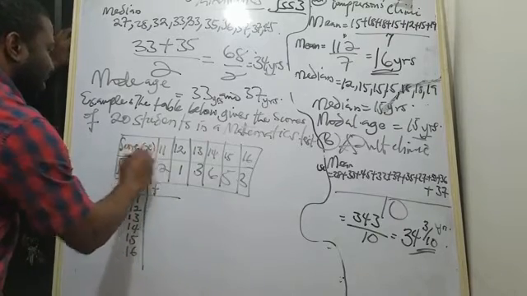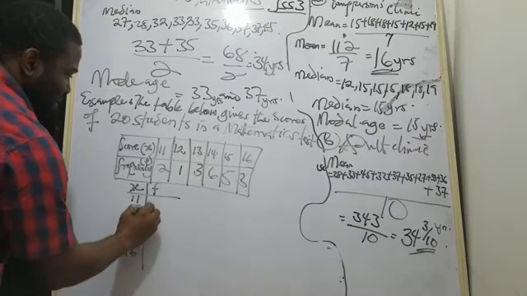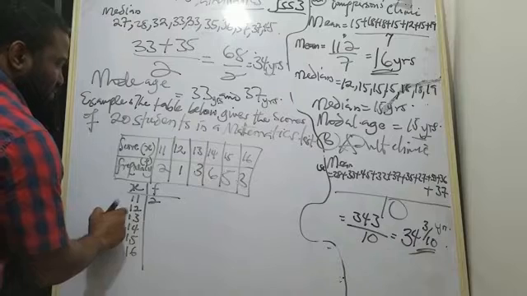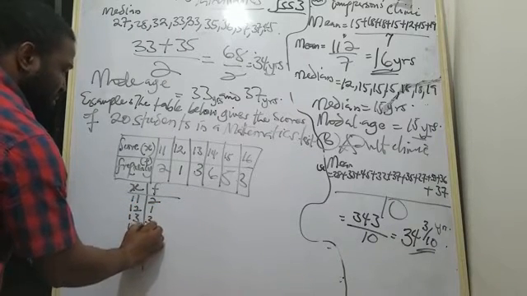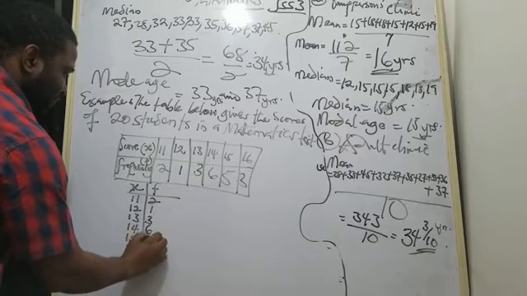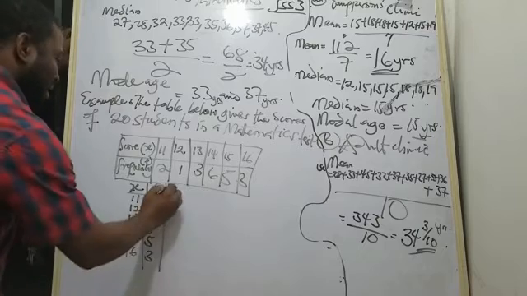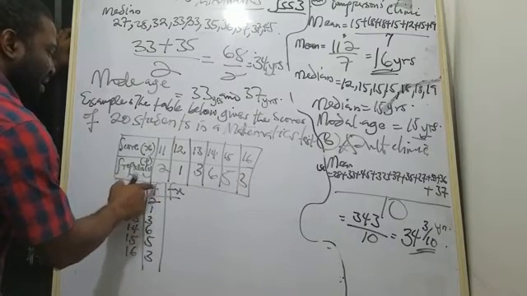This score is our X, and this is our F, frequency. Okay? Now the frequency is what? 2, 1, 3, 6, 5, and 3. Now get Fx. Fx means when you multiply X and F together.